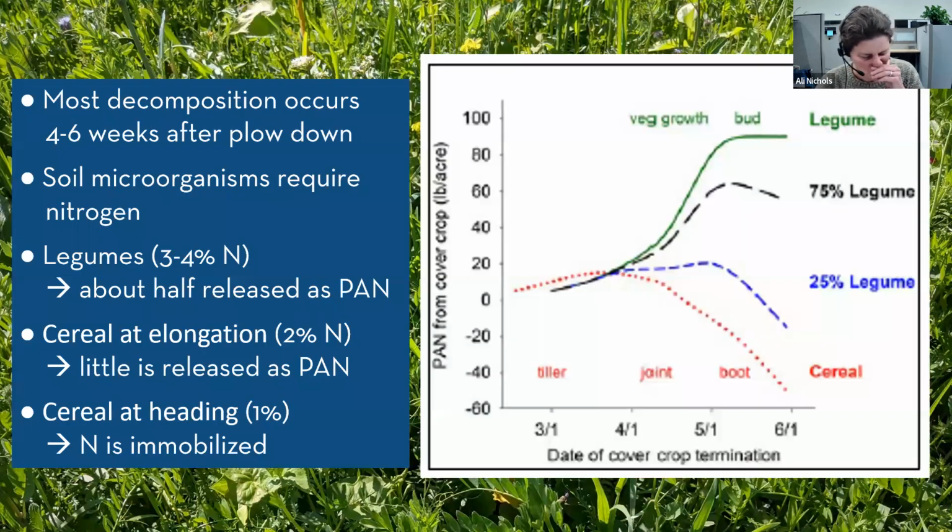So what is happening in the soil that accounts for these fluctuations in nitrogen availability? Most decomposition of the incorporated cover crop occurs in the first 4 to 6 weeks after plowdown. As the soil microorganisms decompose the cover crop residues, a portion of the cover crop carbon is lost from the soil as carbon dioxide.